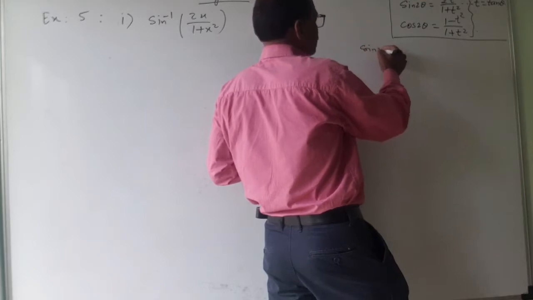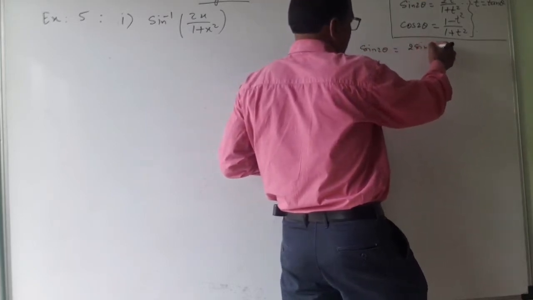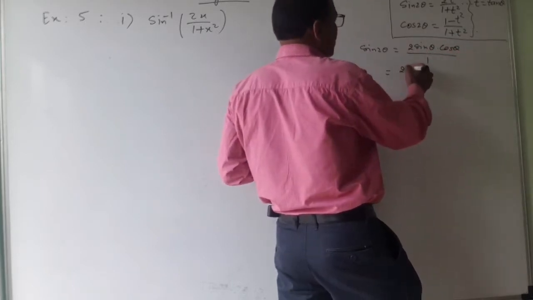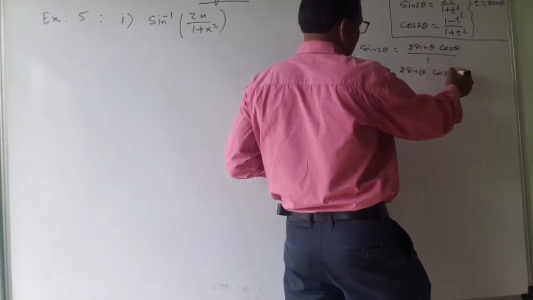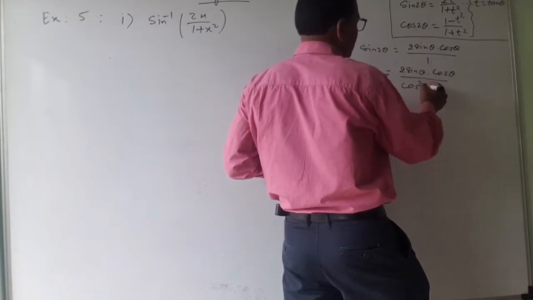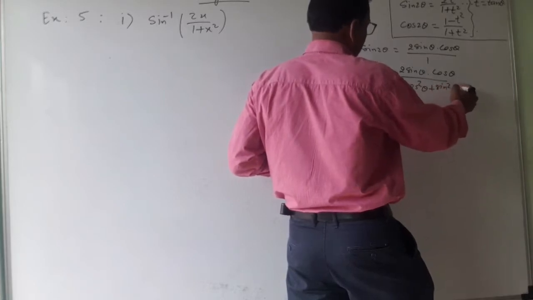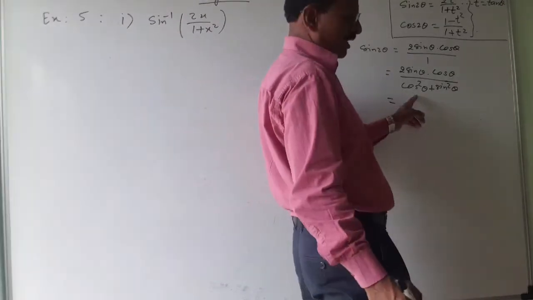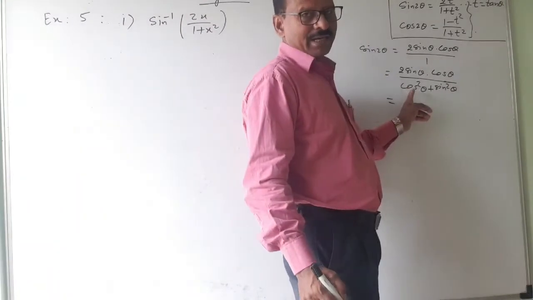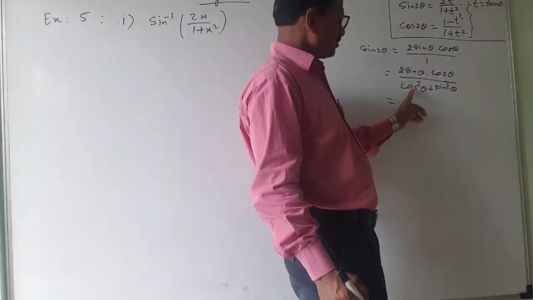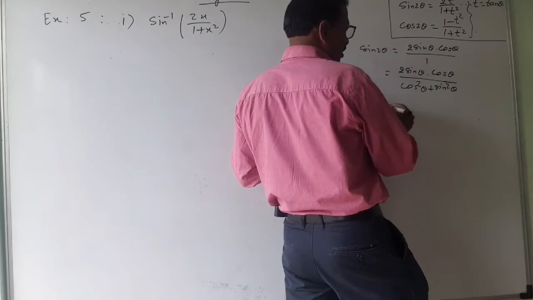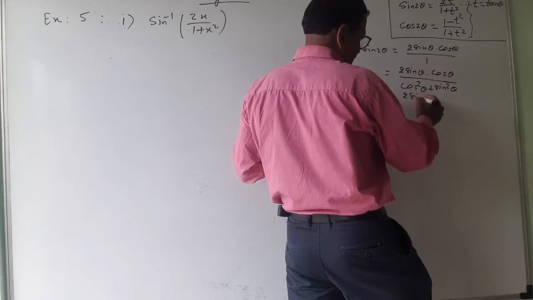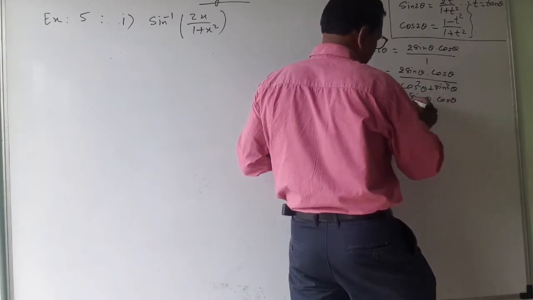Sin 2 theta is nothing but 2 sin theta into cos theta. Here it is upon 1, that is equal to 2 sin theta into cos theta upon 1, meaning cos square theta plus sin square theta. I have converted into the half angle. For the tan expansion we need 1 here, so I will divide by cos square theta in the numerator as well as in the denominator. 2 sin theta into cos theta upon cos square theta, upon cos square theta upon cos square theta plus sin square theta upon cos square theta.